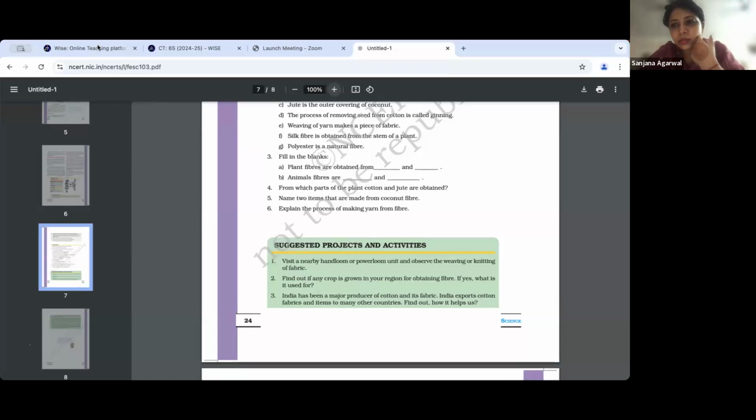Answer. After maturing, and cotton bolls, that is not B-A-L-L, it is B-O-L-L-S.